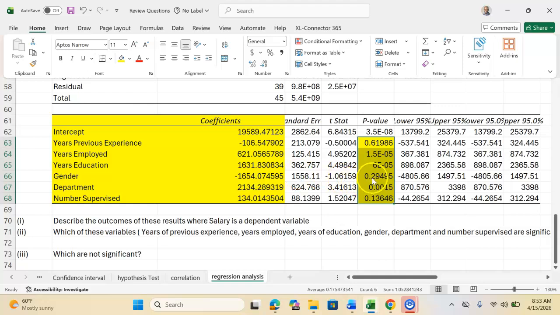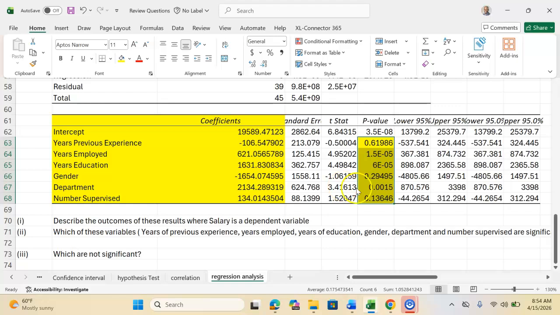So we need to prove it by the p-value. The p-value is greater than the significance level, and so this slope is not significant. It doesn't relate to your salary. So your salary does not depend on your gender, because the p-value shows that this amount is not significant.